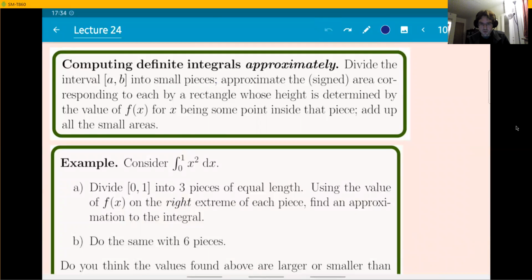The area corresponding to each small piece, or I should say the signed area, is going to be approximated by a small rectangle. You're going to see how this works. A rectangle whose height is determined by the value of f of x for x being some point inside that small piece. And then we're going to add up the areas of all these rectangles.